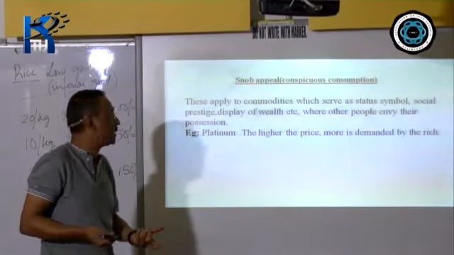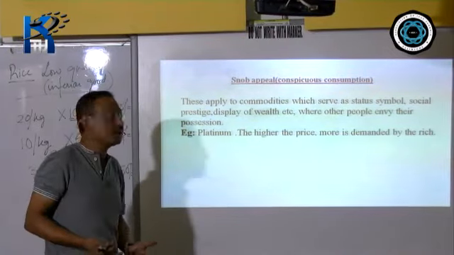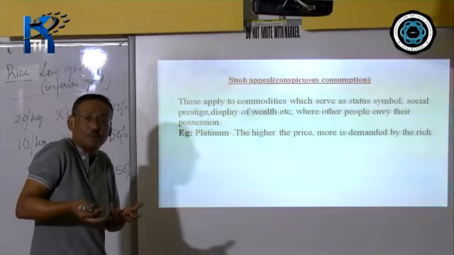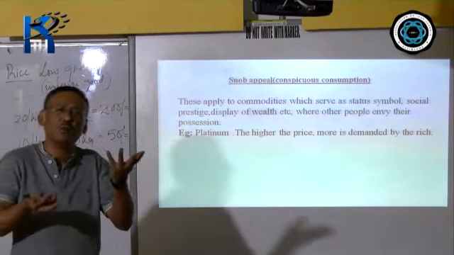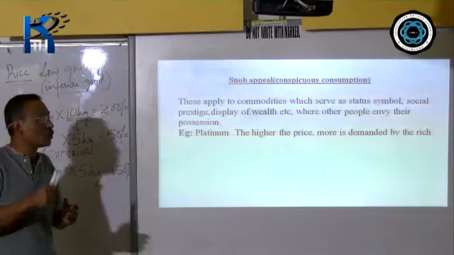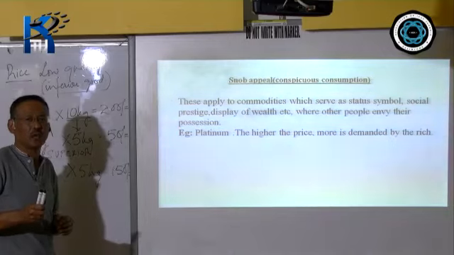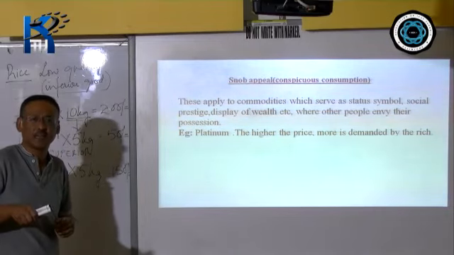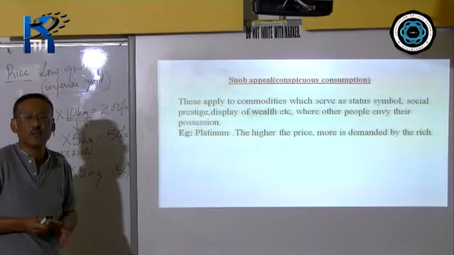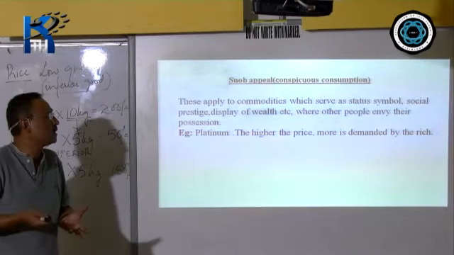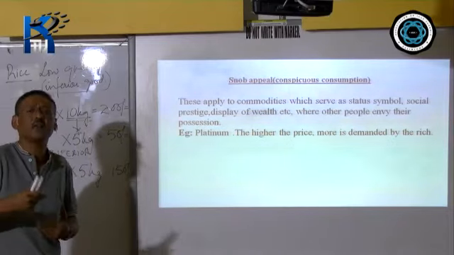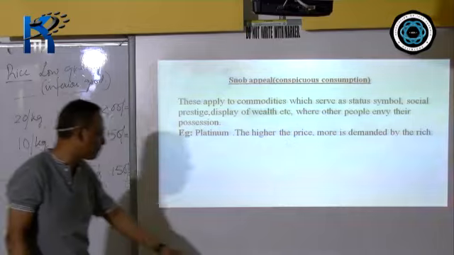So it becomes a status symbol, social prestige. So what happens? Even if the price of scooties goes up, the demand will continue. So this is called conspicuous necessity consumption. A mobile phone is a necessity, but when somebody doesn't have a mobile phone, you will not be in society. You should have a mobile phone. So it's conspicuous to show around that you have a phone, and it is a necessity. That is something extra.